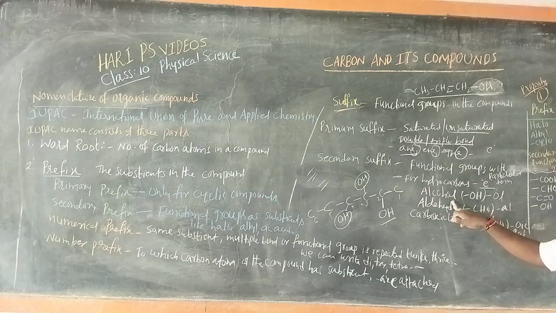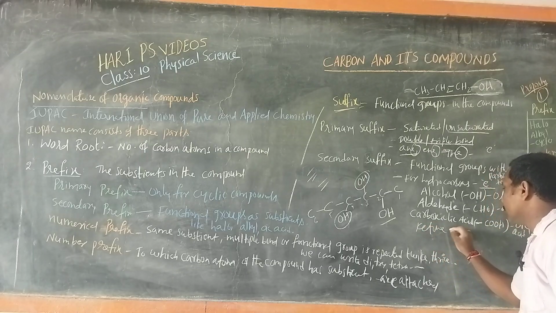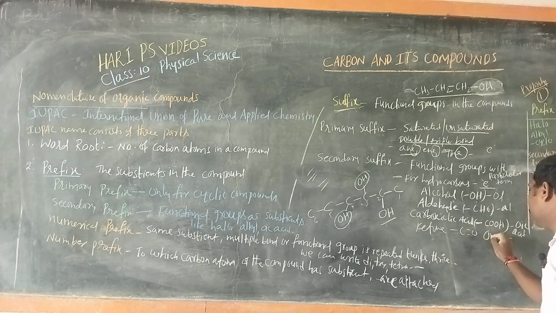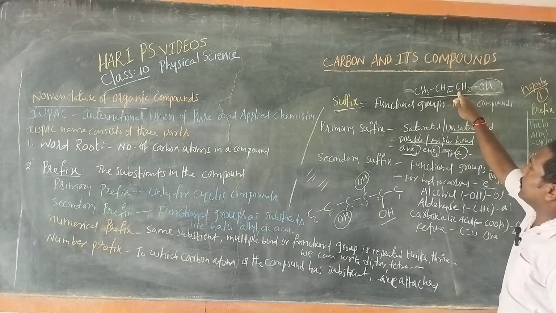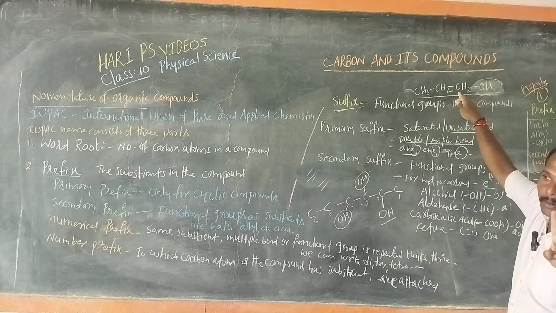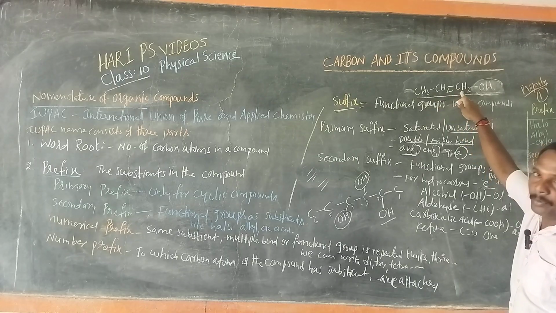For alcohols, for alcohol OH, you can name it with a particular term, ol. For aldehydes, al. For carboxylic acid, oic acid. For ketone, C double bond O, you can write one. So 1, 2, 3, 3 carbons, you need to write prop.